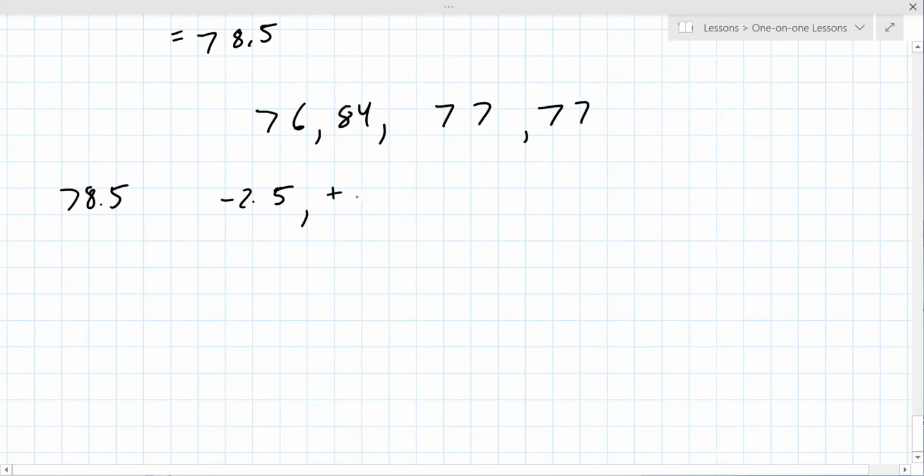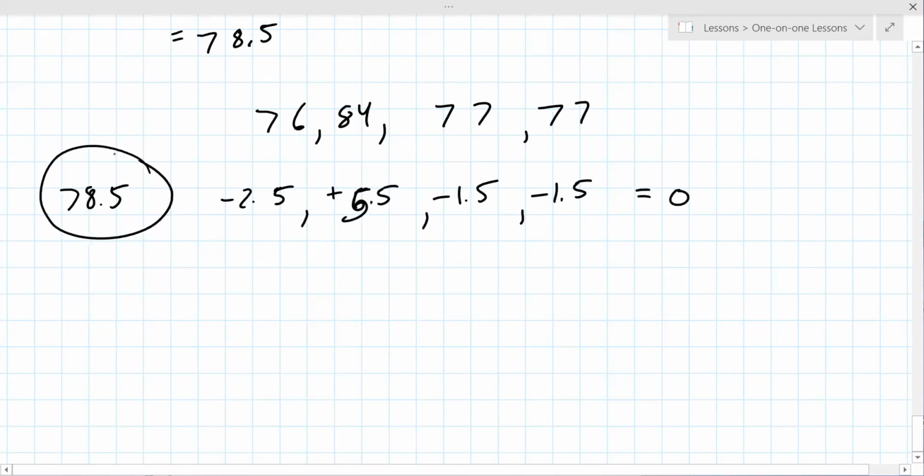This is plus 6.5. And the next one is -1.5, -1.5. So this is why you don't pick the 0.5s, because it's really hard to do this. You'll see that this does in fact add up to 0, and that's why this is correct. But the 0.5s can really throw you off here.